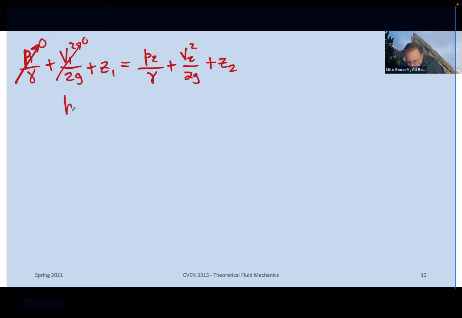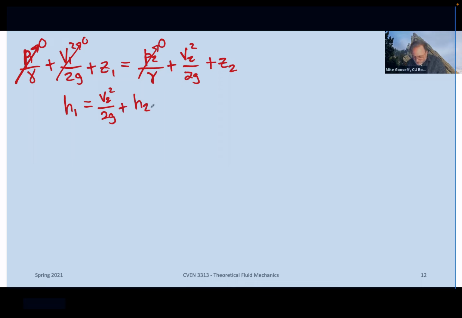Z1 is basically, I'm just going to call it H1 to distinguish from H2. P2 we said was also equal to 0 because we have a free jet. We don't know what V2 is, so H1 is equal to V2 squared over 2g, plus some H2 value. And the reason that I wrote this in terms of H1 and H2 is to get away from those very distinct Z values that we would start with.